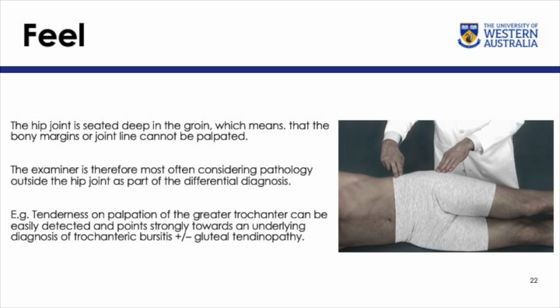For example, tenderness on palpation of the greater trochanter can easily be detected and points towards an underlying diagnosis of trochanteric bursitis and/or gluteal tendinopathy.